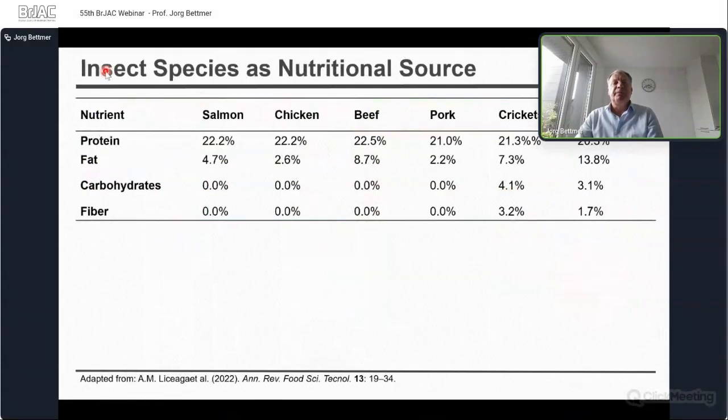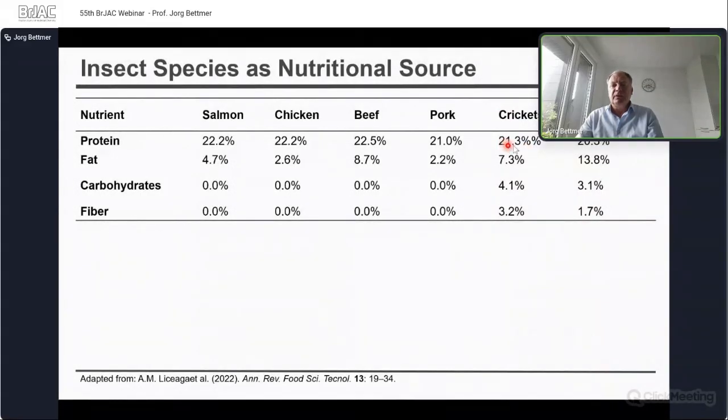Just to compare a little bit, we compared here the nutrients concerning the protein, fat, carbohydrates, and fiber between regular animal food, let's say it like this, between fish, chicken, beef, and pork, and compared to crickets or yellow mealworms.